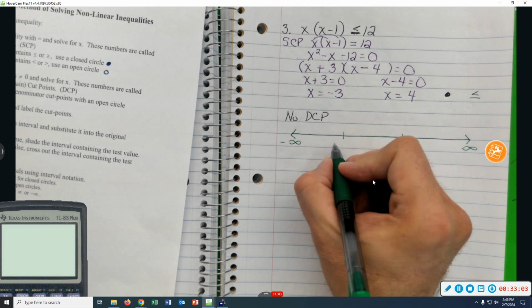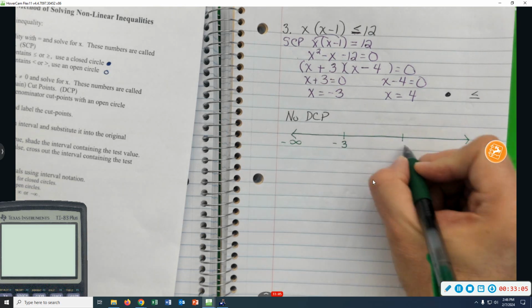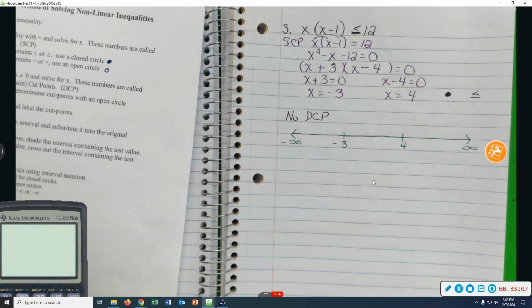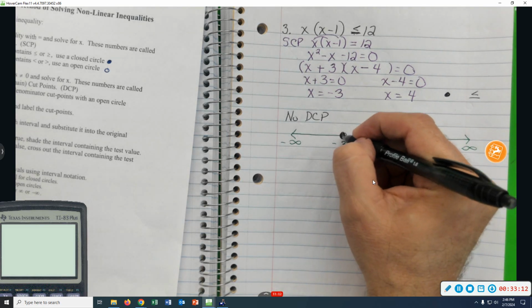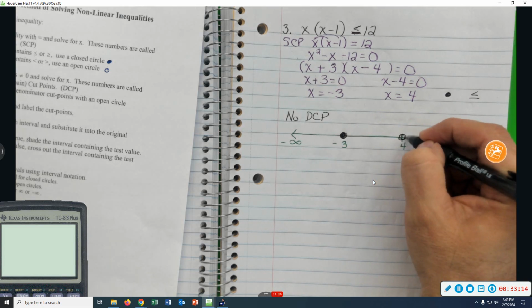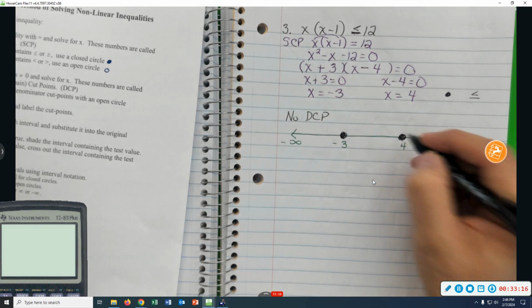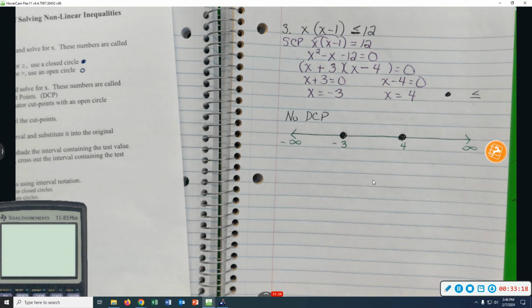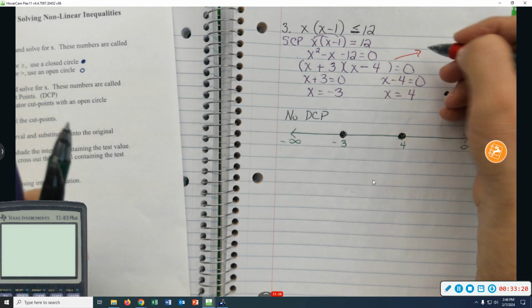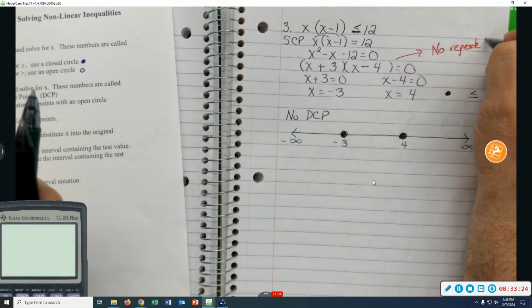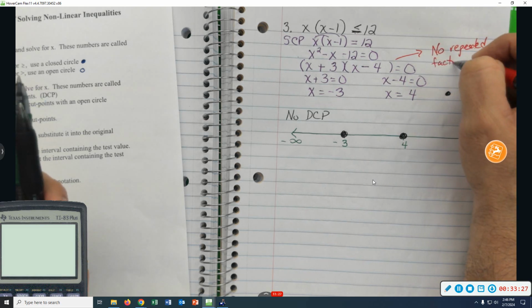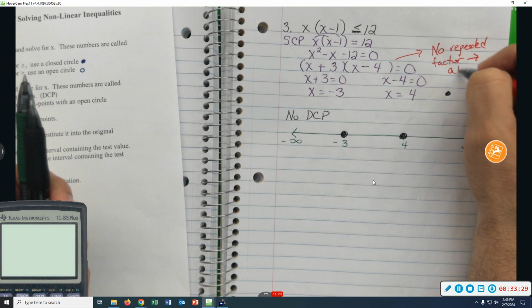The negative. Positive 4. Now what did we say we have? A closed circle? You know what? I should have written this little note. No repeated factor, so it's going to alternate.